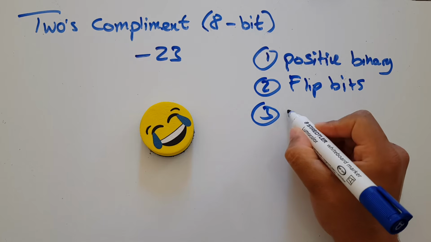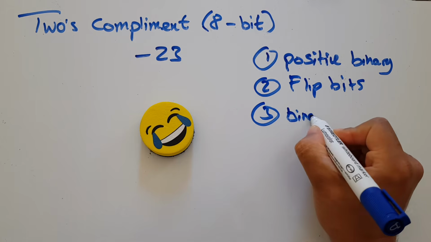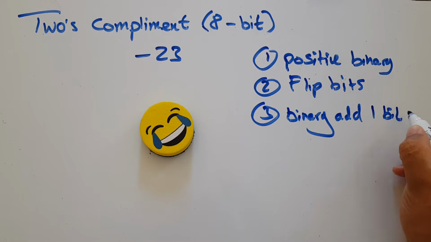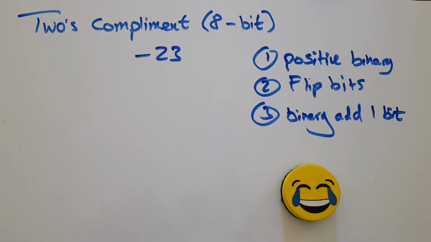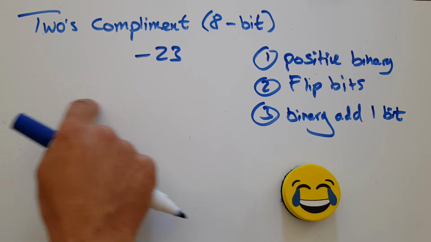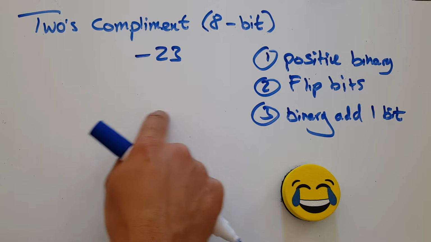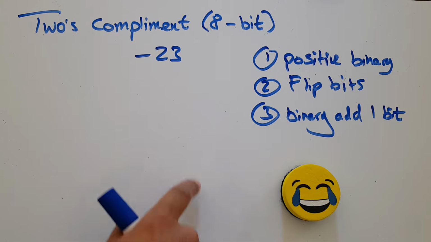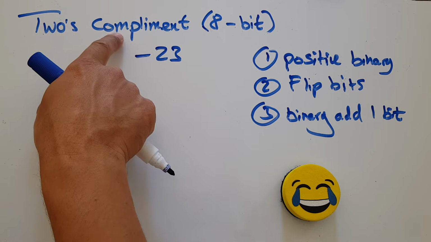Step 3 is a binary addition of 1 bit, just a single bit. Okay, so let's begin. So I'm looking to write out the binary for minus 23. Don't know what the binary is, but if I follow these steps, I should have a binary number which is the same as minus 23 in this 2's complement system.